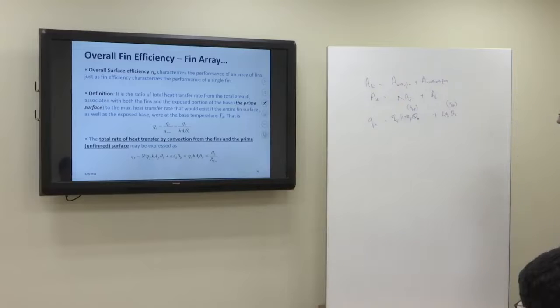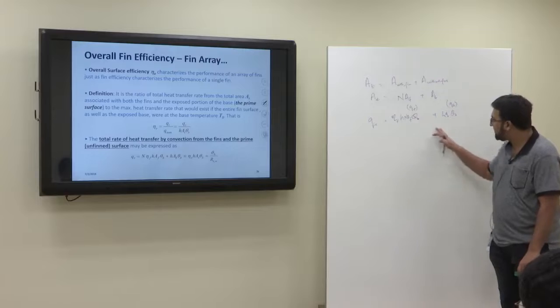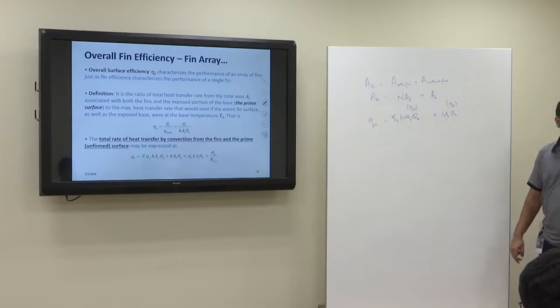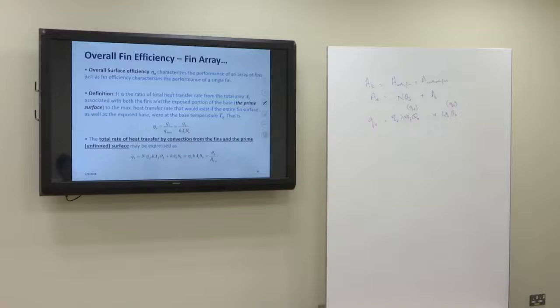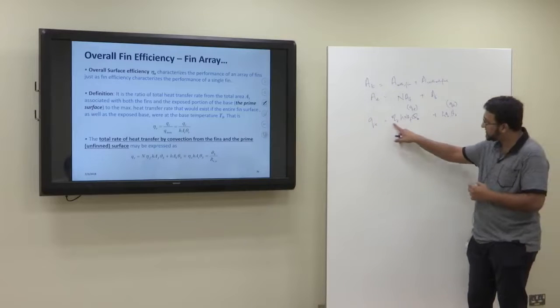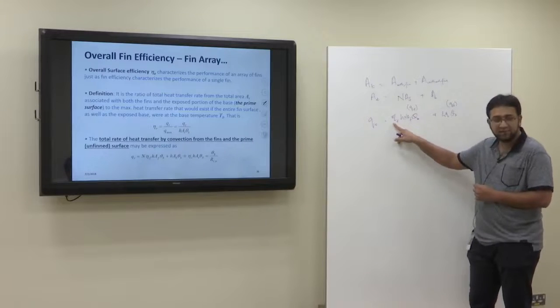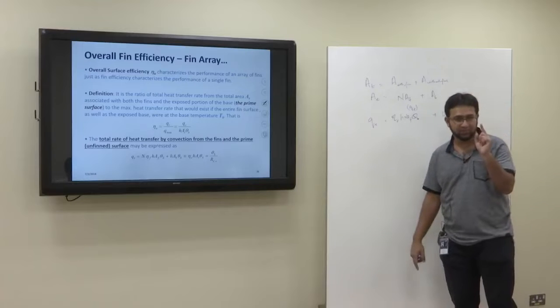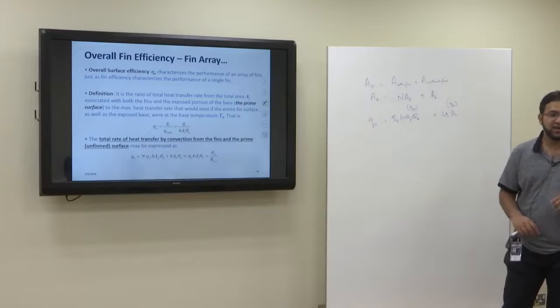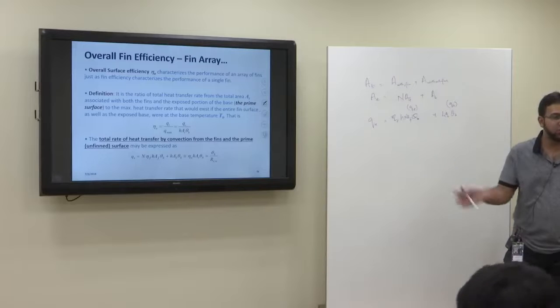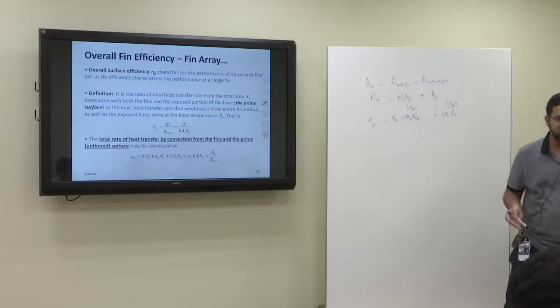Okay. Now the thing is that this formula is still a bit complicated, and we want to write it differently. Here, eta f is the efficiency of a single fin. Now we want to write it with an overall efficiency.